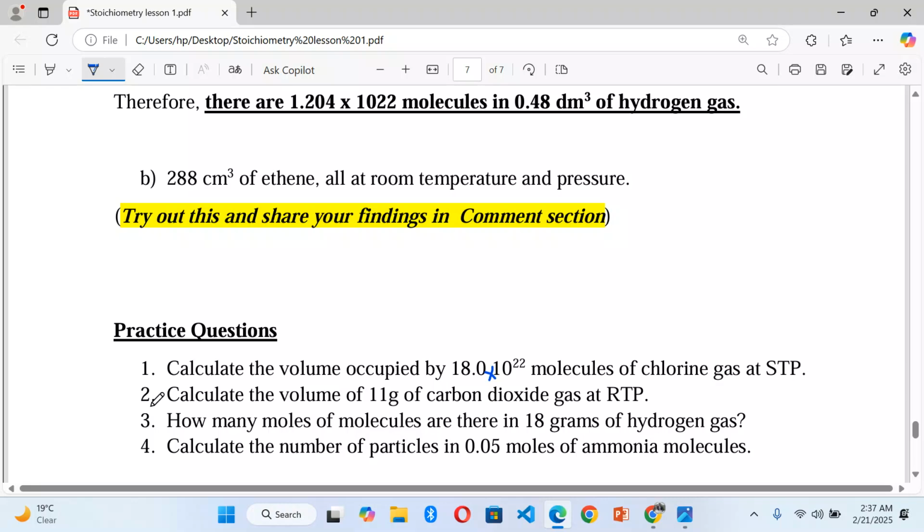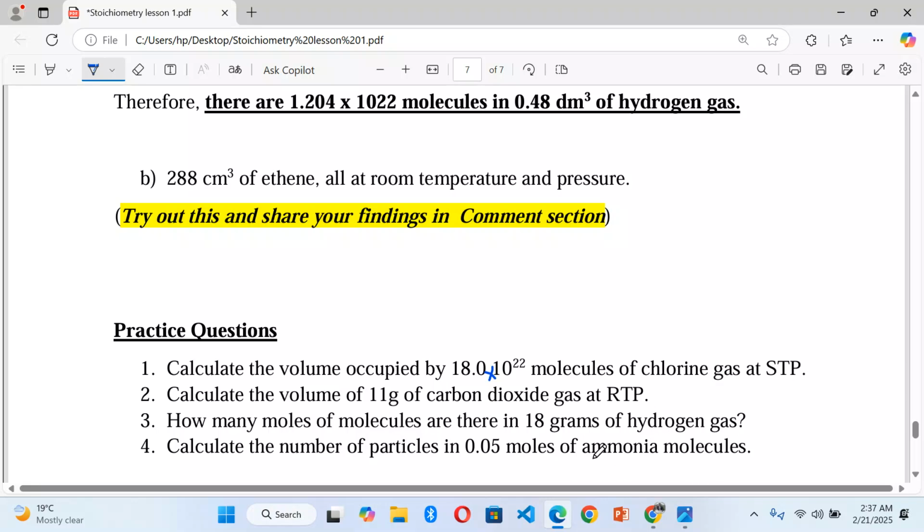Then, calculate the volume of 11 grams of carbon dioxide at RTP. How many moles of molecules are there in 18 grams of hydrogen gas? And finally, calculate the number of particles in 0.05 moles of ammonia molecules.